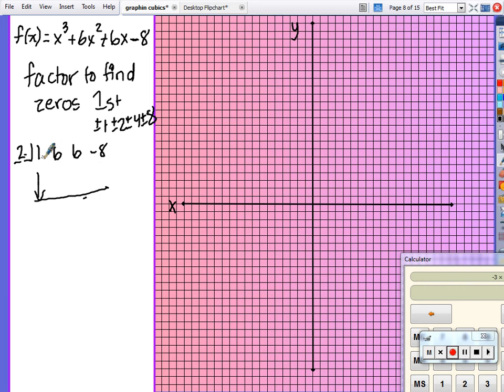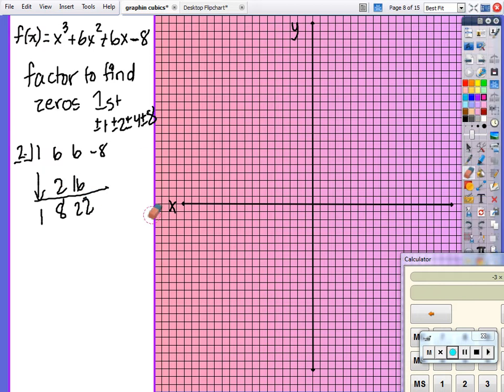Oh, I could have sworn the 1 was going to work. I probably messed up again. Wow, I had a brain fart. Sorry, guys. That would be 16, and that would be 22.